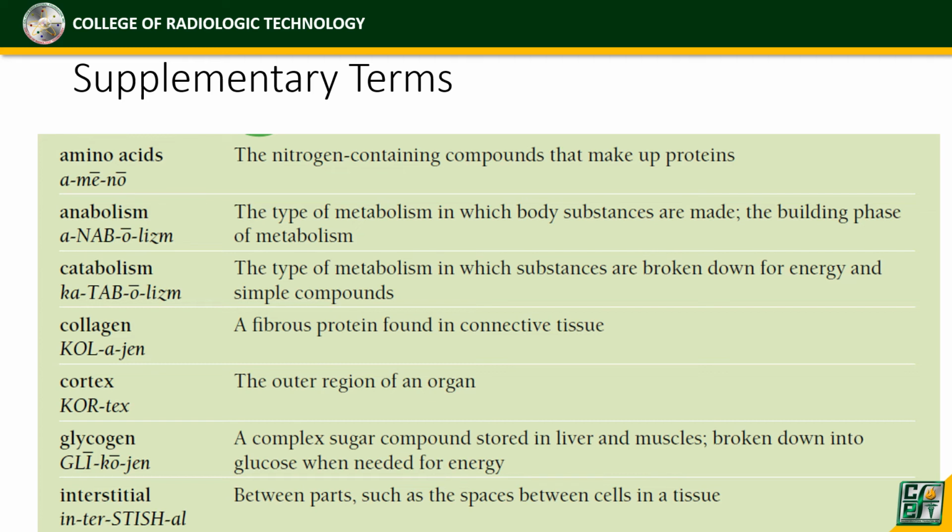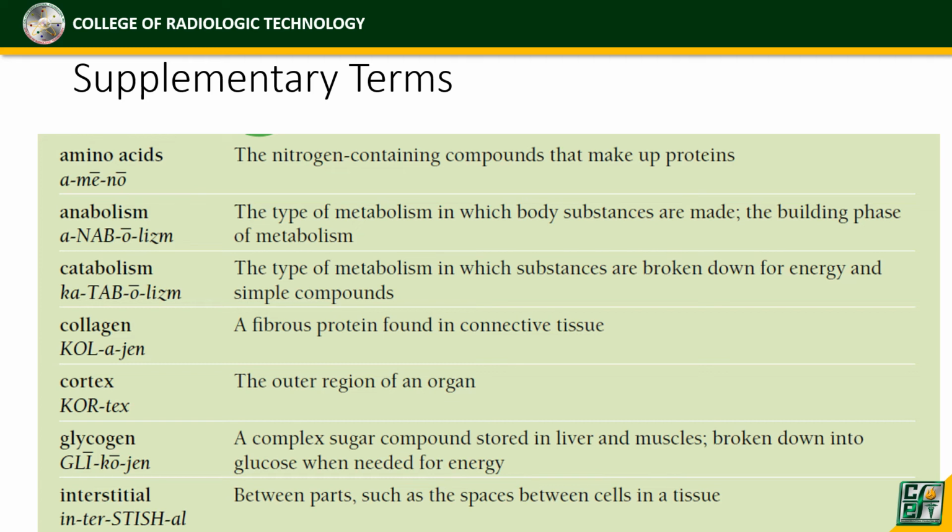Next is the cortex, the outer region of an organ. Then glycogen is a complex sugar compound stored in the liver and muscles.